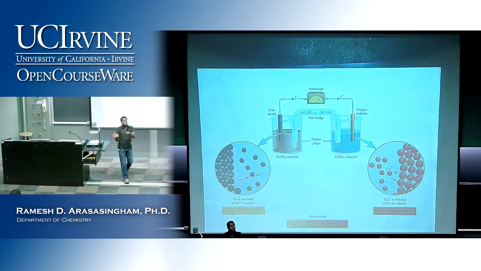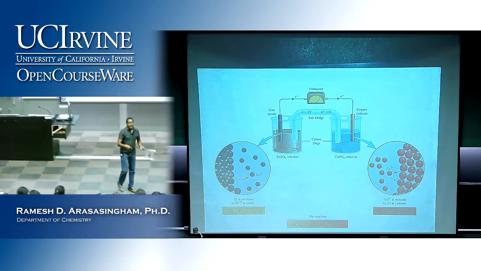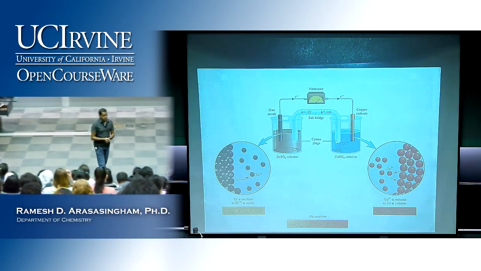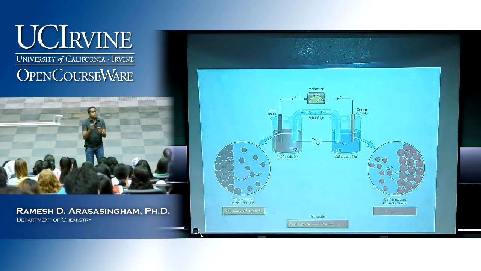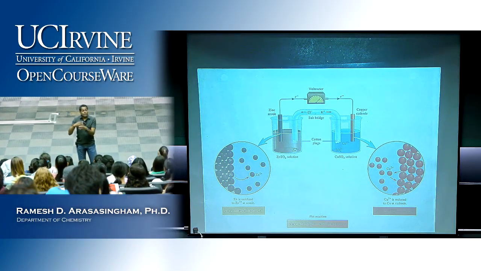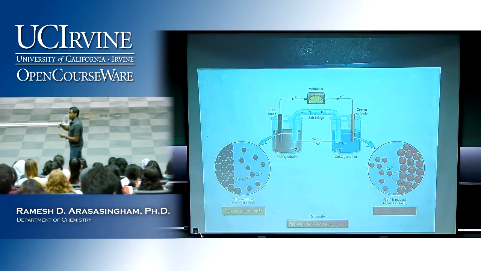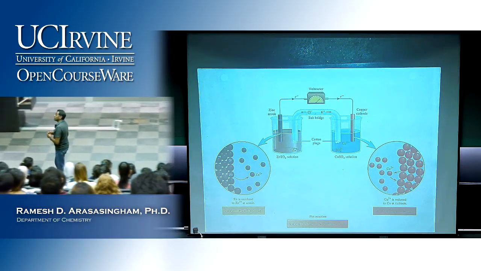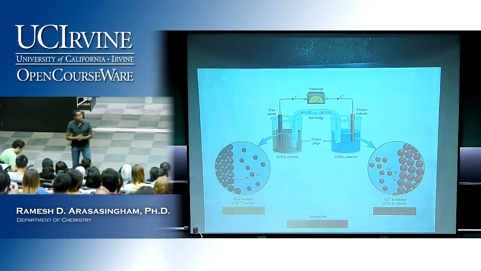So you have chloride ions migrating through that gel and balancing the charge as well. So not only does the flow of the ions generate a current, and you can complete that circuit, but also they help maintain charge balance.